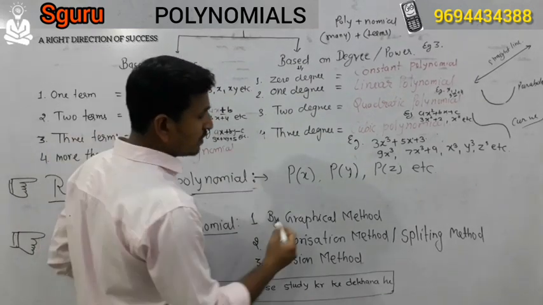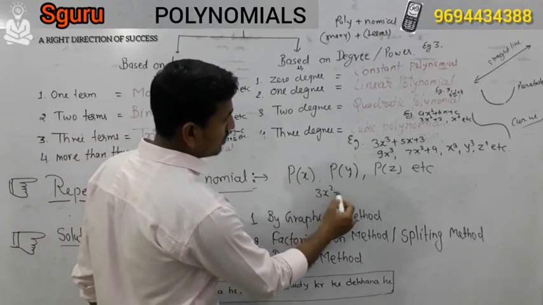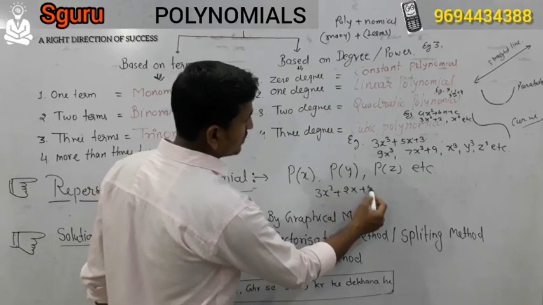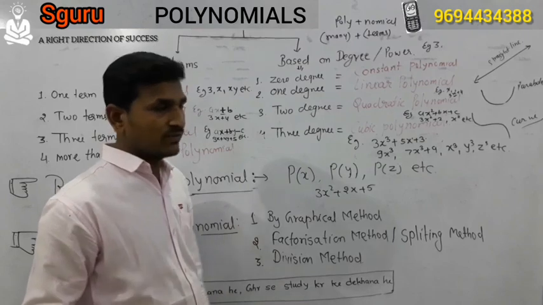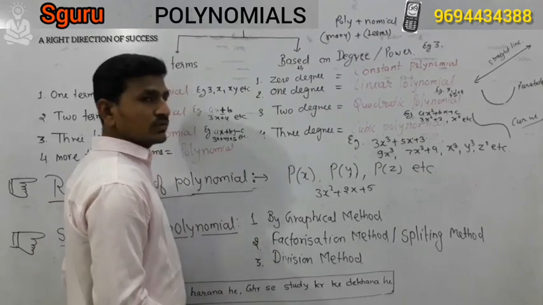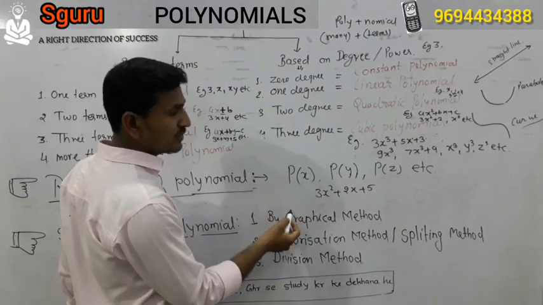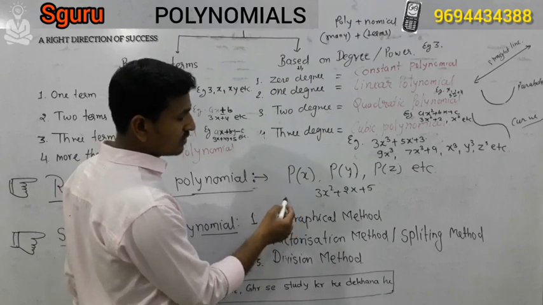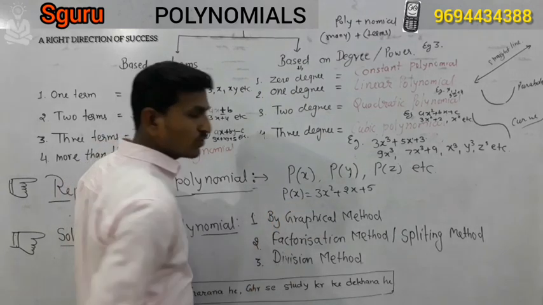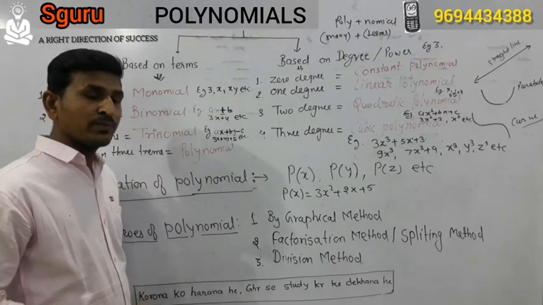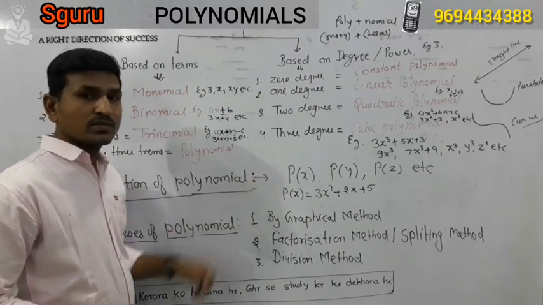I have an example here, 3x square plus 2x plus 5. Students, how can we represent this algebraic expression? We can represent this algebraic expression by px. Why do we represent this algebraic expression as px?